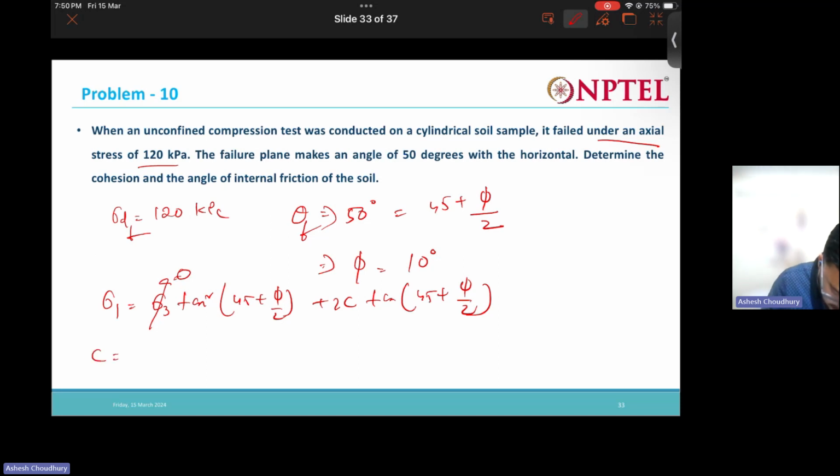So directly C is... That is what I said. If phi would have been 0, then it is nothing but sigma 1 by 2 directly. But if you have some small value of phi, then this will be the C value, where this is phi.